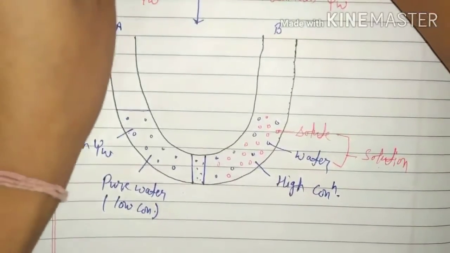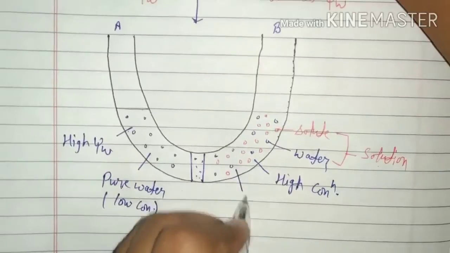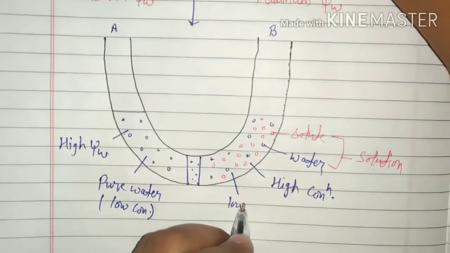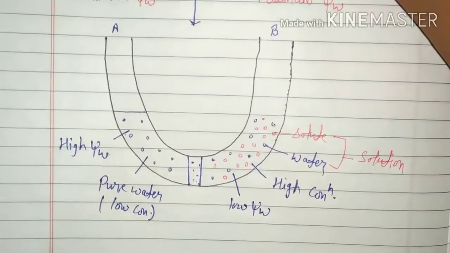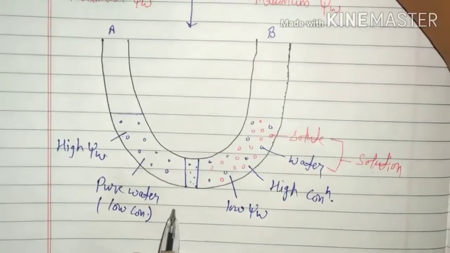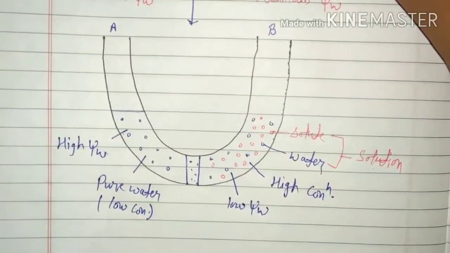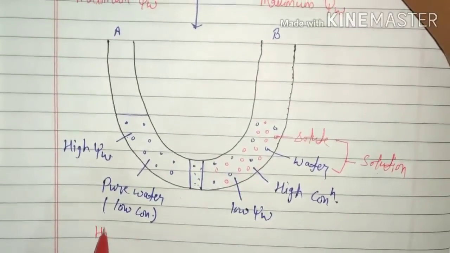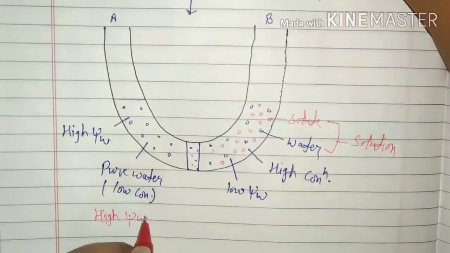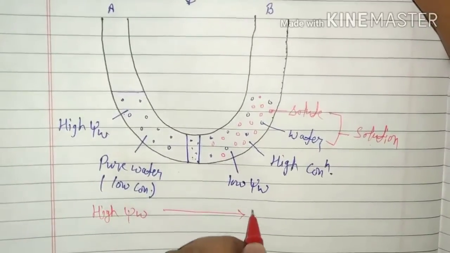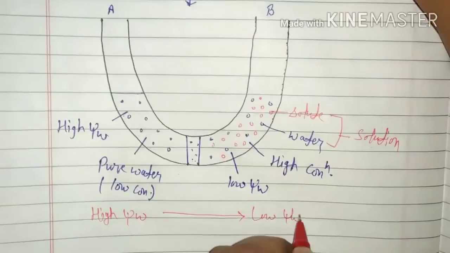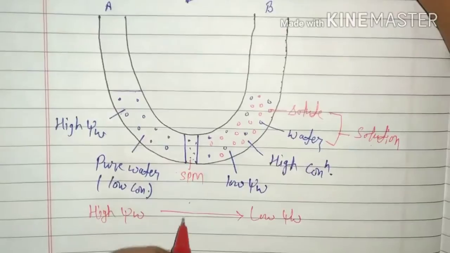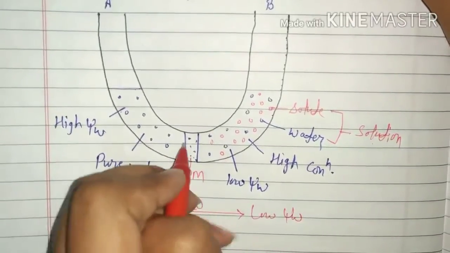Due to this, water potential decreases. Then there is movement of water molecules from high psi W to low psi W through the semi-permeable membrane.